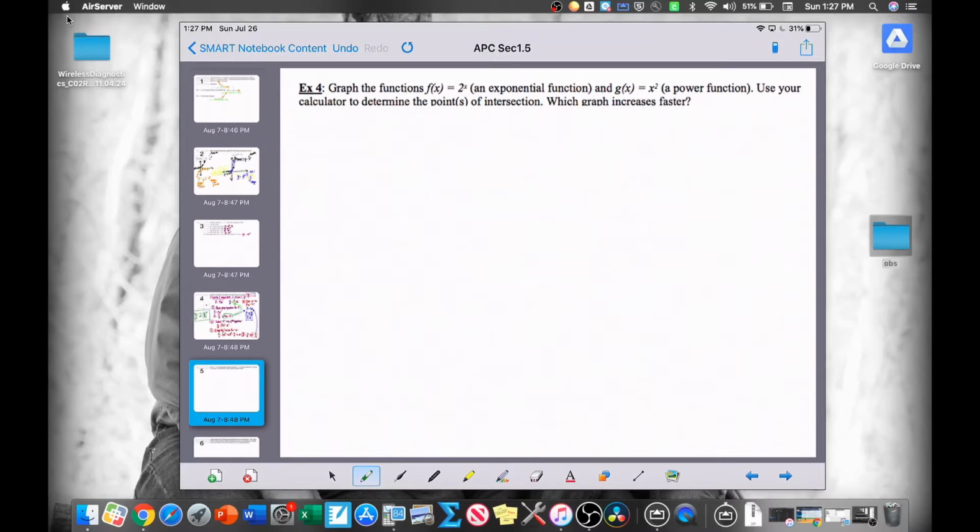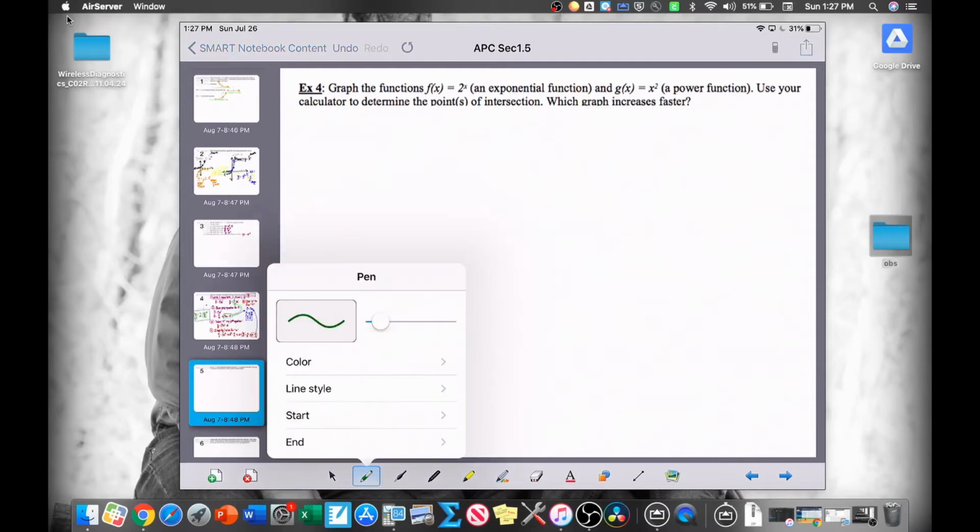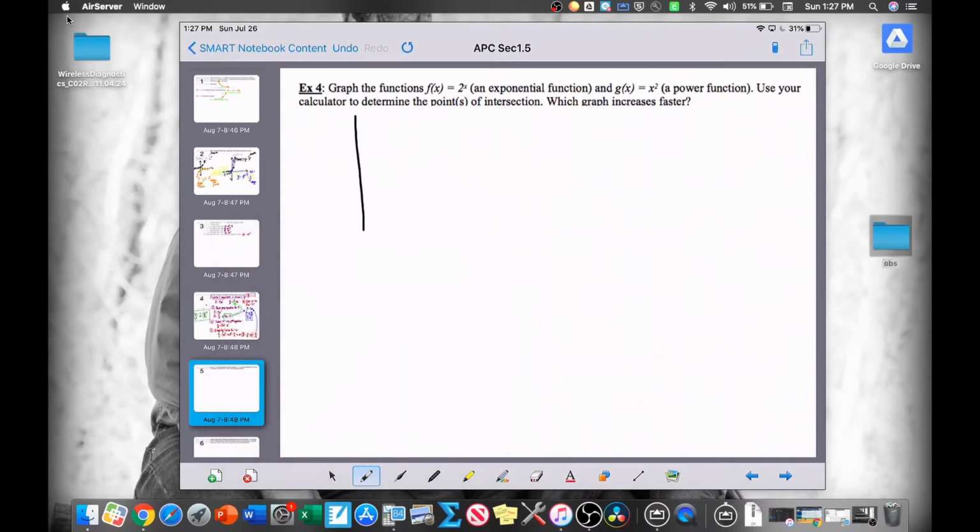Well, I know what these look like. I already graphed 2 to the x, as I said, and I know what x squared looks like. X squared is just a standard parabola with a vertex at 0, 0. So if I think about what these two curves are going to look like, here's my coordinate plane.